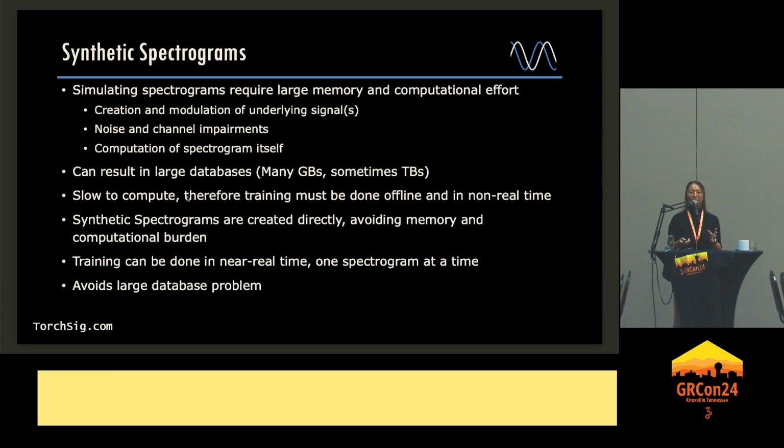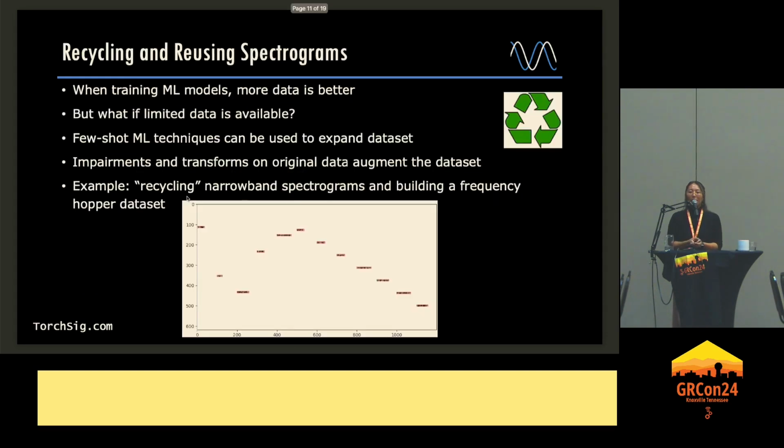This solves a lot of the dataset problems you might have with IQ data. The first is being able to augment signals. Let's say you have a signal of interest and you want to train a model pretty quickly to detect it. You can use few-shot learning, which is training a model on only a few examples to detect this particular signal.